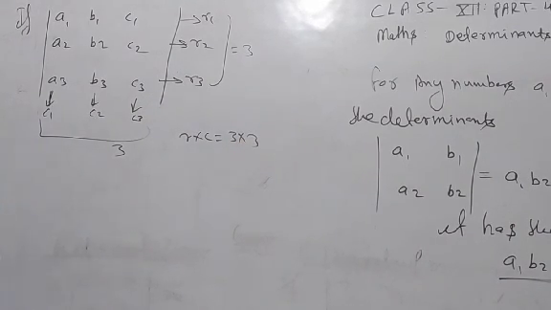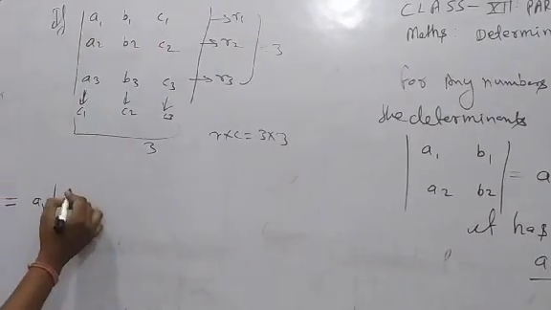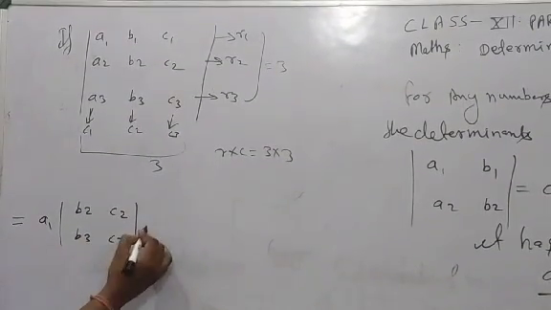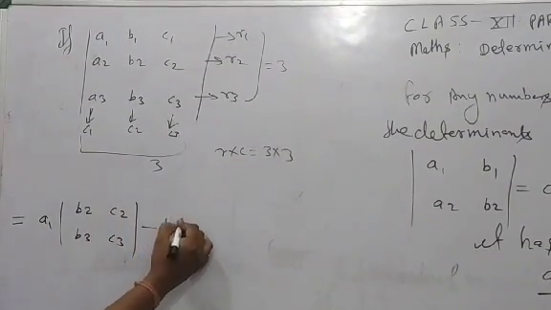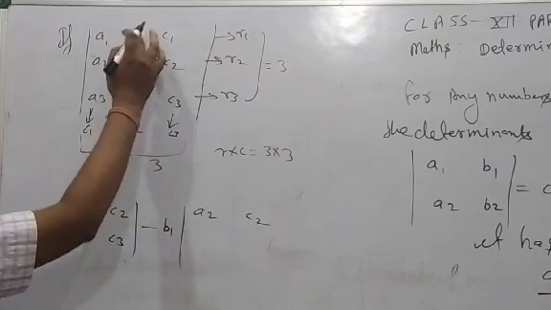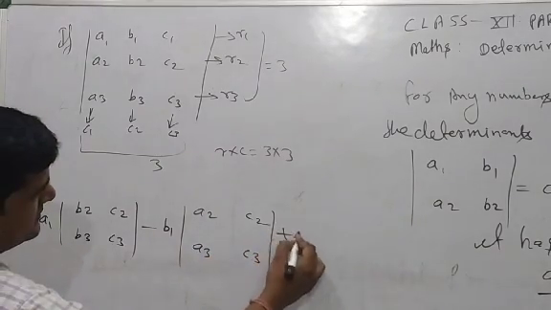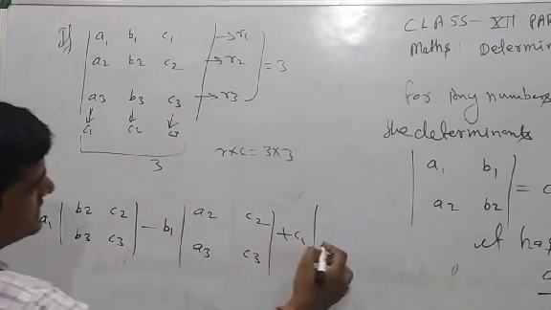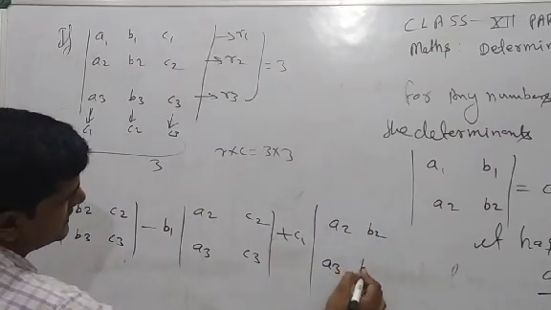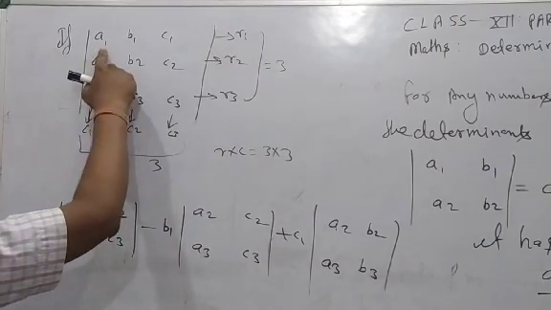So how can we solve? How can we expand? A1 cancel, B2 C2 B3 C3, minus B1 and A2 C2 A3 C3, plus C1 cancel, A2 B2 A3 B3. Very simple. Take any elements.